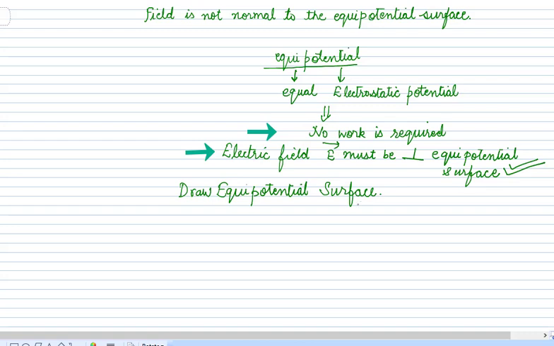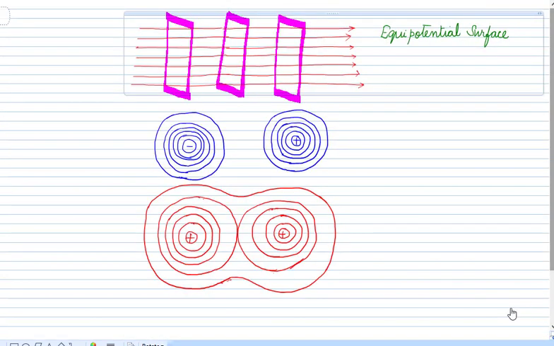Let's quickly move on. Here we see some equipotential surfaces. There are continuous electric field lines, shown here in red; these arrowed lines show the direction of the electric field.